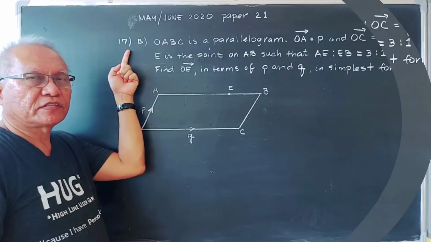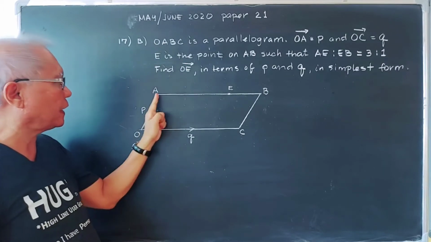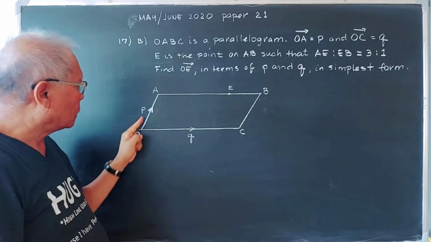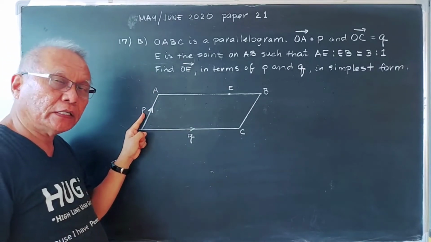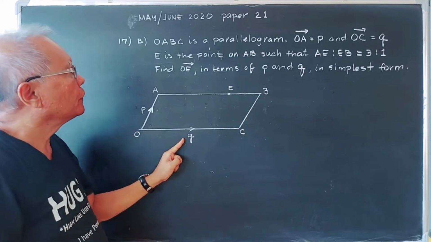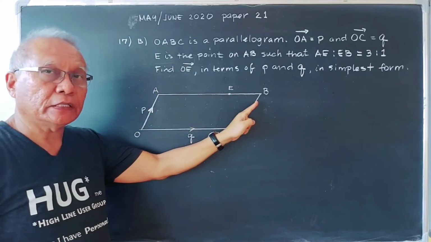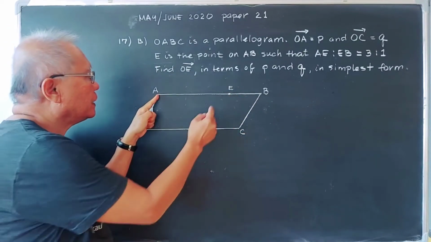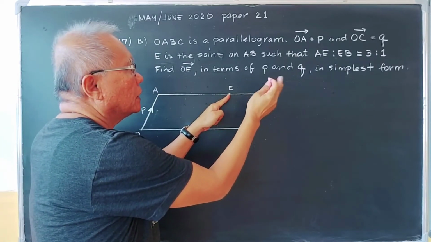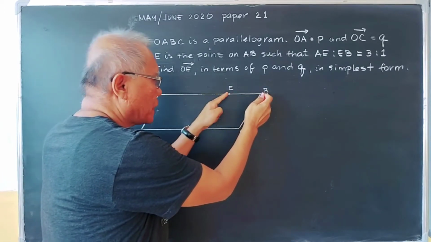26. Number 17b, we have a parallelogram OABC. O to A is vector p, O to C is vector q. E is a point on AB such that AE to EB is 3:1.